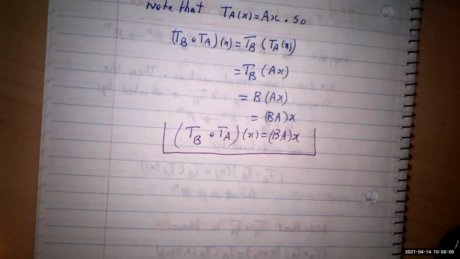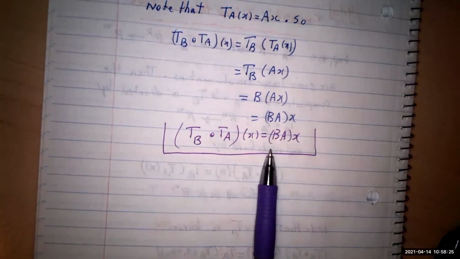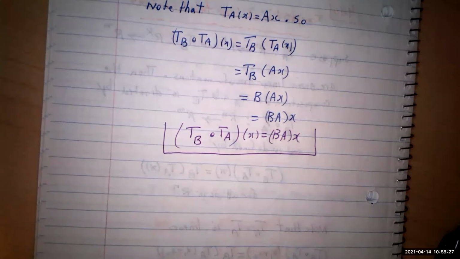And that's why when somebody says we want to multiply linear transformations, simply compose them, but it's a kind of multiplication because you multiply the corresponding matrices, okay?